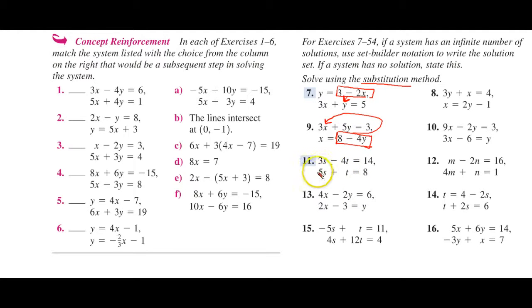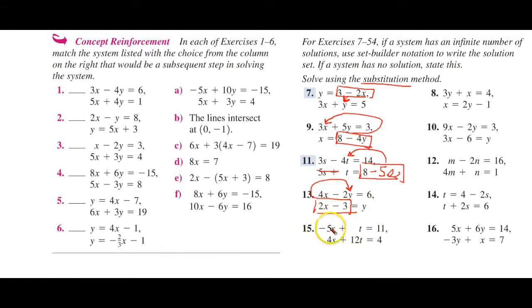Here we're going to have to bring our 5s over to the other side as negative 5s, transposing that, and then we get t equals that, and then we're going to put this where the t is in parentheses, multiply through by a negative 4. Here we have y equals this, that we will put right there in parentheses, multiply everything by a negative 2 to get rid of it.